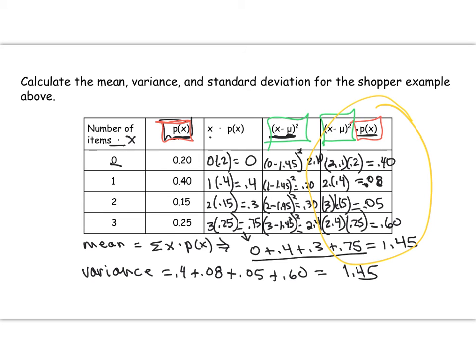So I get 1.45. And then standard deviation, I just take the square root of that. And I end up with 1.06.